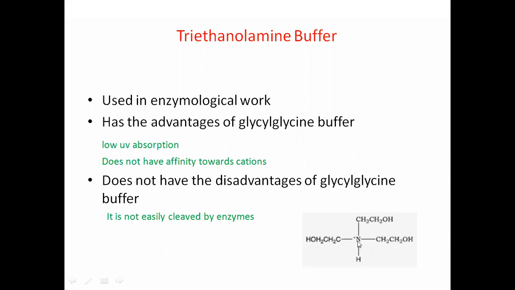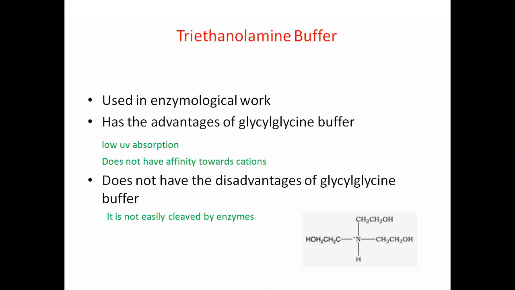Hence, here the nitrogen gets 4 connections, so it gains a positive charge. So this is used in enzymological works. But the important feature about this triethanolamine buffer is that it has the advantages of glycine buffer, and it does not have the disadvantages of glycine buffer.